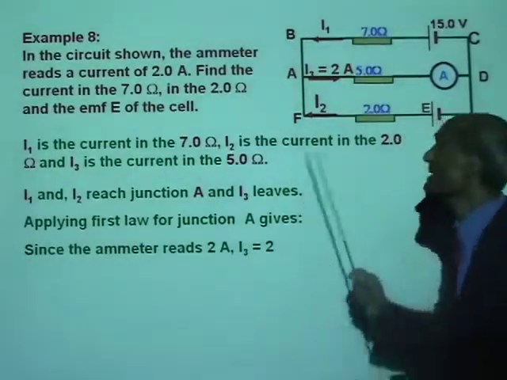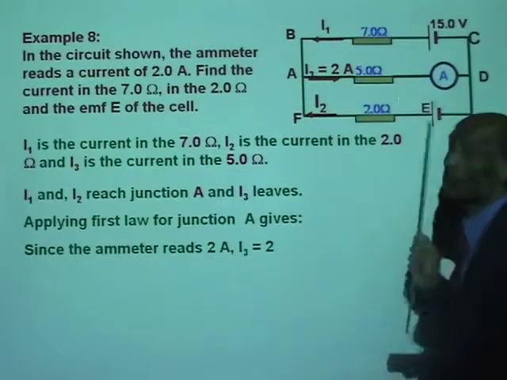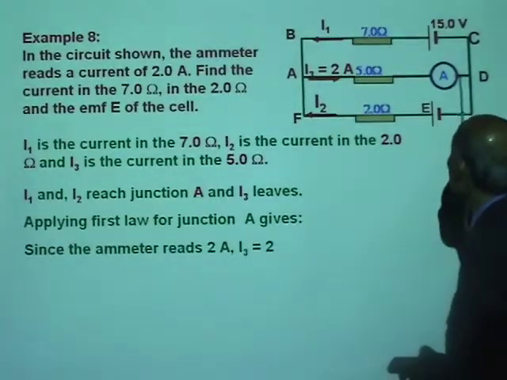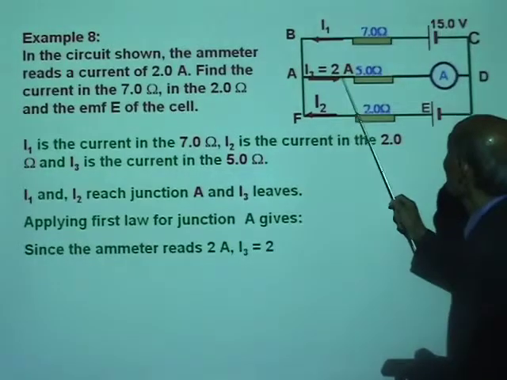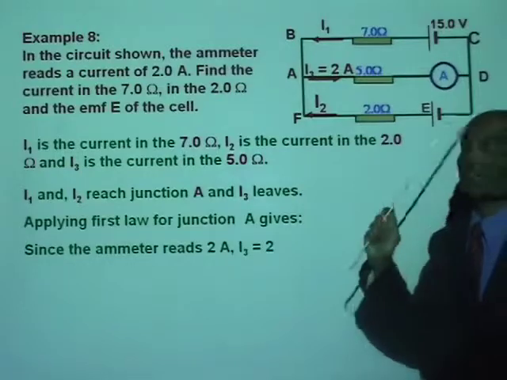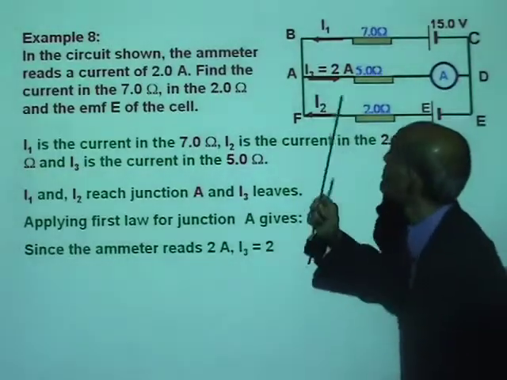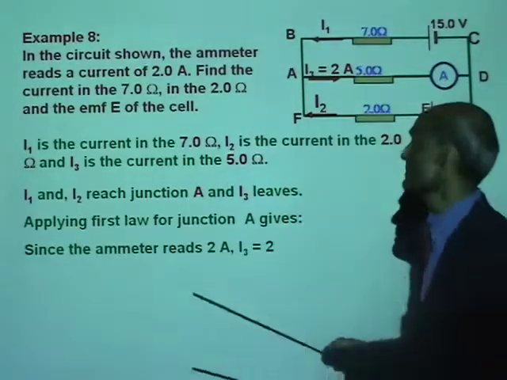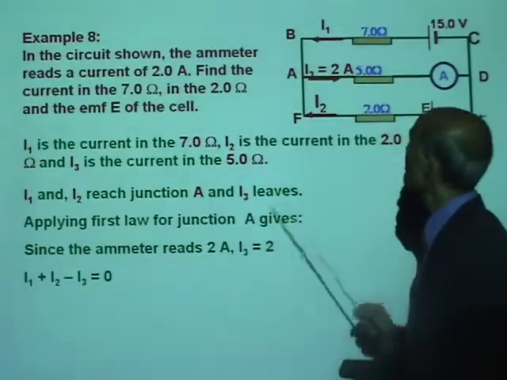That means the current that flows in the 5 ohm is 2 ampere, because whatever current flows in the 5 ohm has to go through the ammeter. That means we know the value of I3, and that makes this problem a lot simpler. So we got I3 equal to 2.